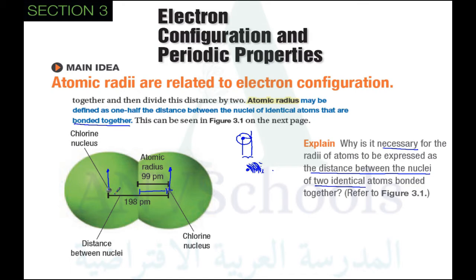So this is the distance. Divide by 2. That's atomic radius. It may be defined as 1/2 of the distance between the nuclei of identical atoms that are bonded together. So it's better to consider it from bonding concepts, from bonding atoms together.